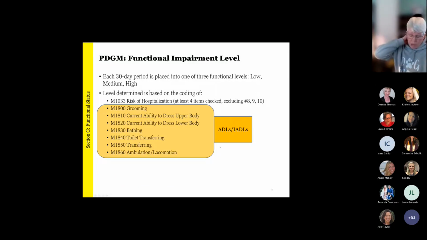Under PDGM, we talk about these functional items because they're so important to the financial side. They're the only items from the OASIS that go towards payment. The M1033, the risk of hospitalization, is the one that's included as far as going towards the functional impairment level. And then we have our M18 items. The only things missing here are M1845, toileting hygiene, and M1870, feeding, which is now in another section.